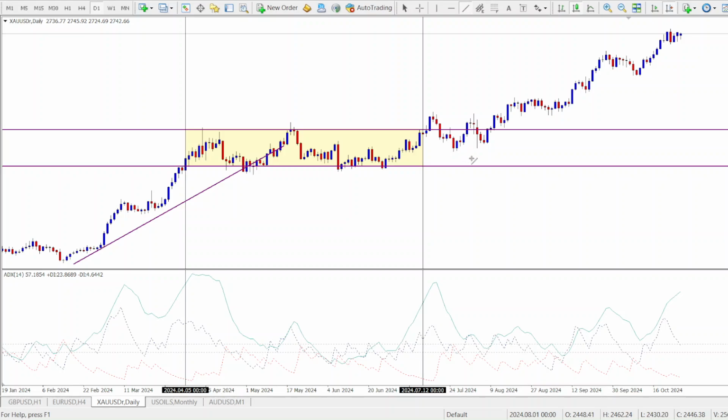So this was more of a continuation of the bullish move, and the doji confirmed it. So when you have the ADX crossing above the 25 and you have a candlestick pattern, maybe like the doji or any other pattern that confirms the bullish move, then you can enter your buy trade.